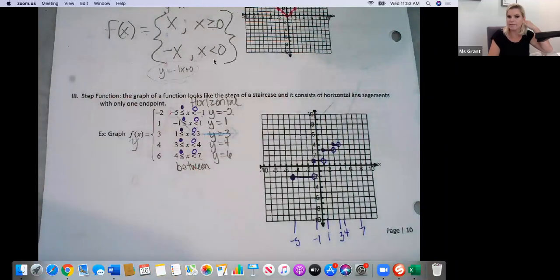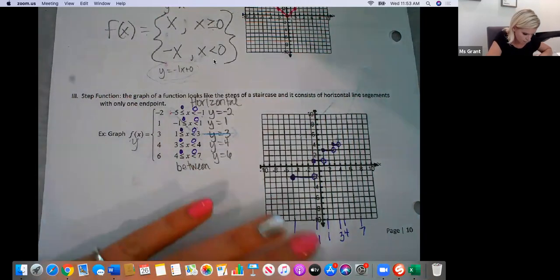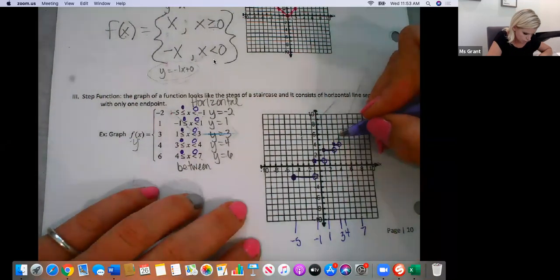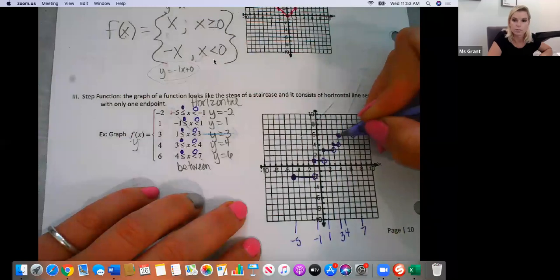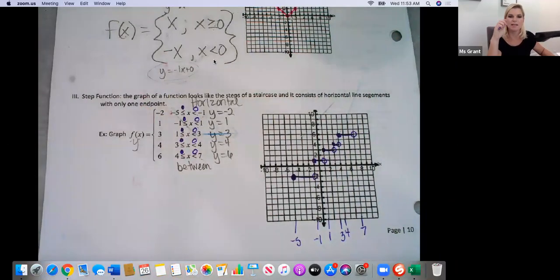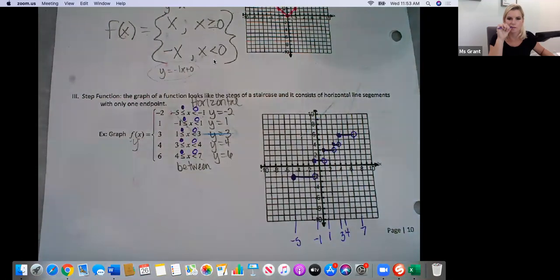In between 4 and 7. Does this seem easy to you? Can you do this, you think?